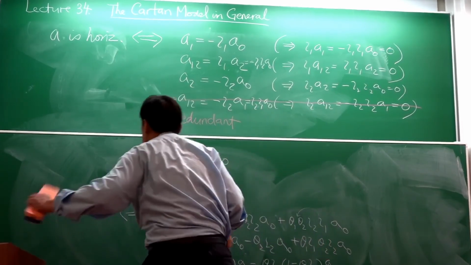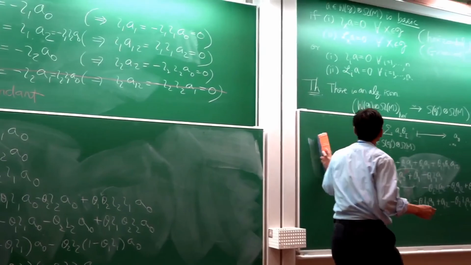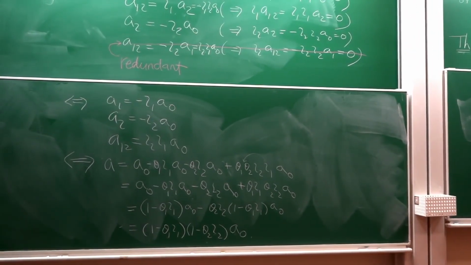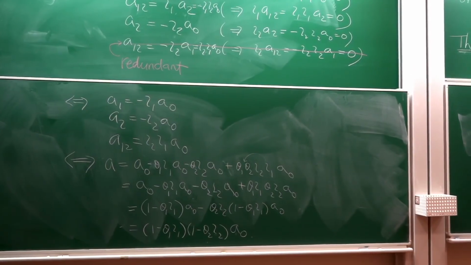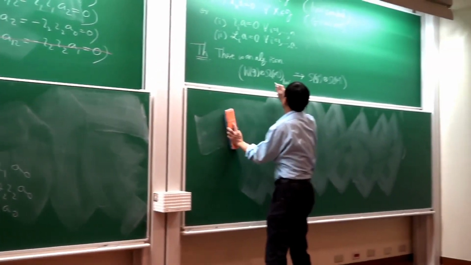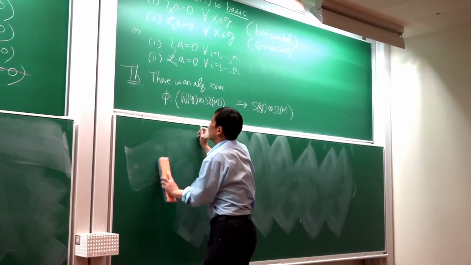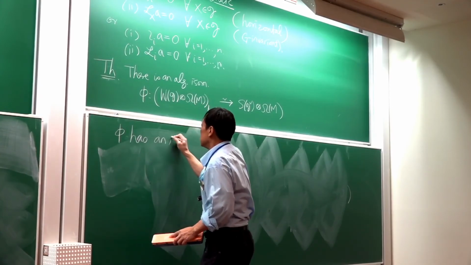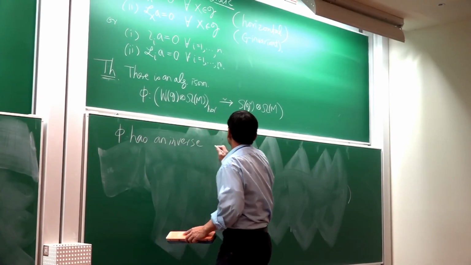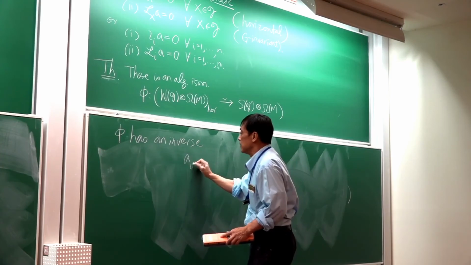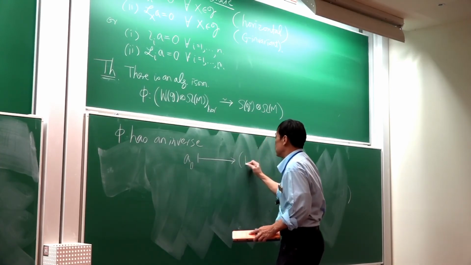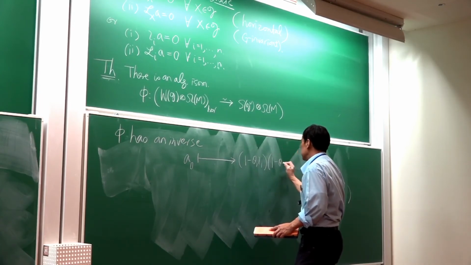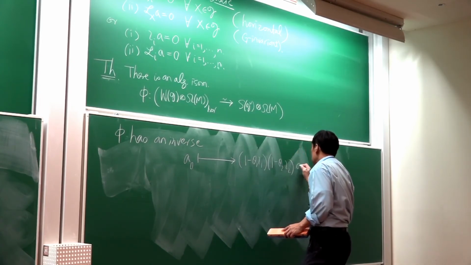So, all right. So if I call this phi, then phi has an inverse. Okay, that takes A0 to 1 minus theta 1 I1, 1 minus theta 2 I2 of A0.